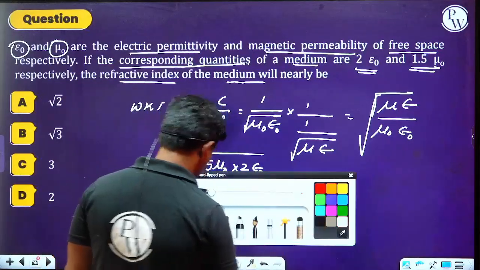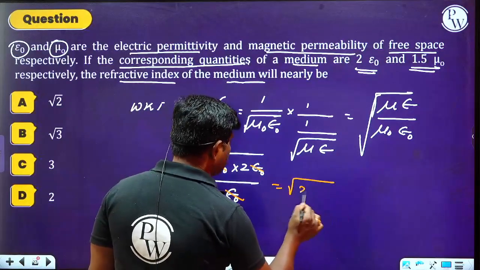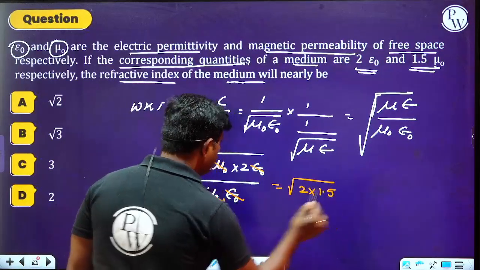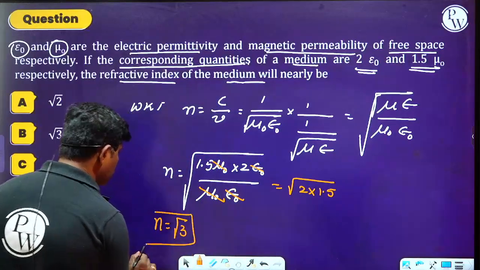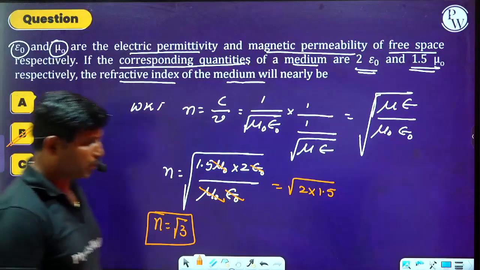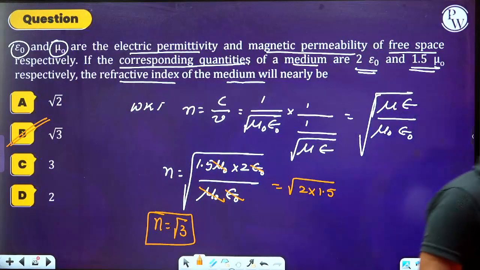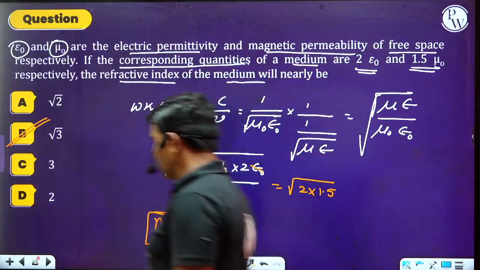Mu naught and epsilon naught get cancelled. We can say it is 2 into 1.5. Therefore, the refractive index is equal to root 3. Hence, we can select option B as the right answer. I hope you understood this question clearly. So move on to the next one.